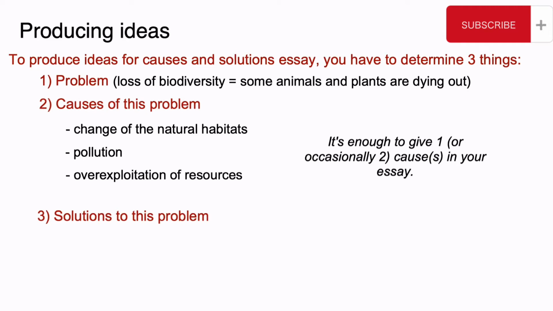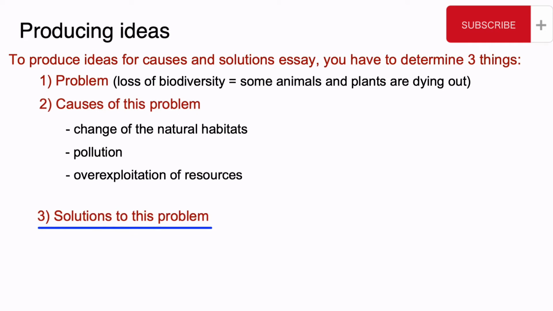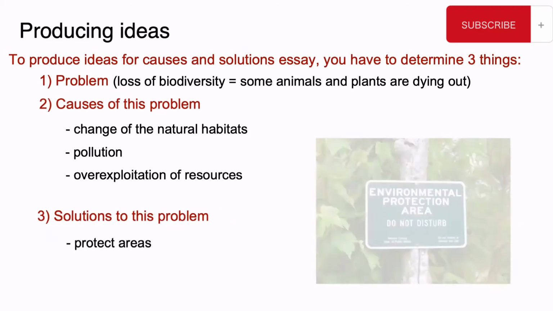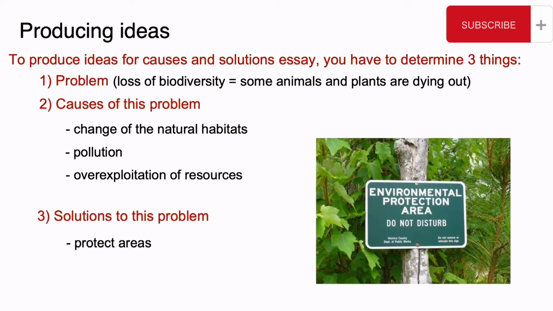But we don't start writing yet. Now let's think about possible solutions. How can we stop animals and plants from disappearing? Well, first solution is to protect areas. Protecting areas where wild animals live is an excellent way to save the environment and prevent species from dying out.